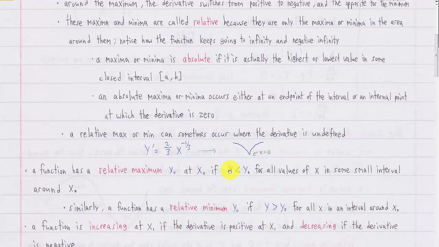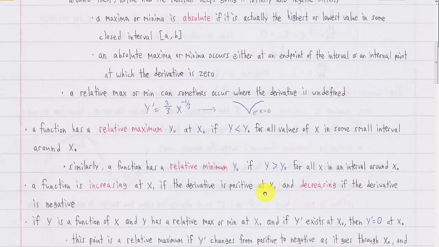So basically it's a relative maximum if you can find some neighborhood that it's the highest point in. It doesn't have to be a really big neighborhood, it just has to be some interval. And for a relative minimum, you have to be able to find some interval or neighborhood where that point is the lowest point out of all the y values.